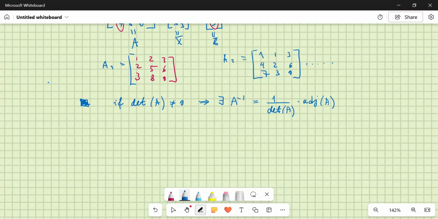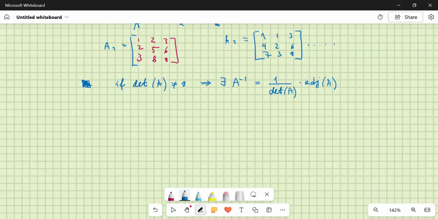What I'm going to do is write down the equation AX equals B, and multiply it by A inverse on both sides. A inverse times AX equals A inverse B. We had this formula a long time ago.